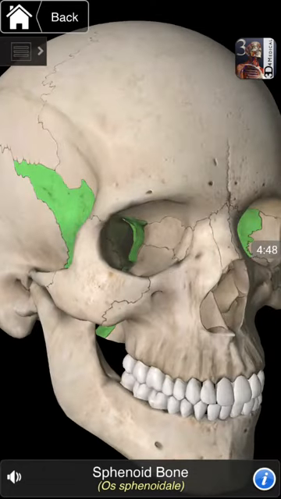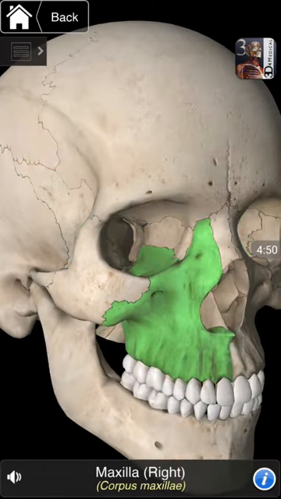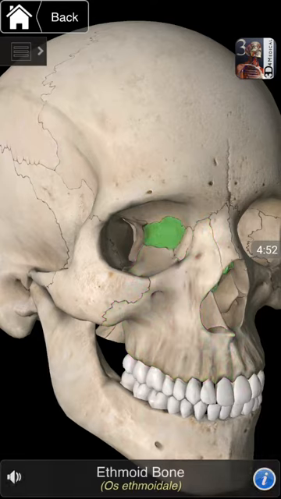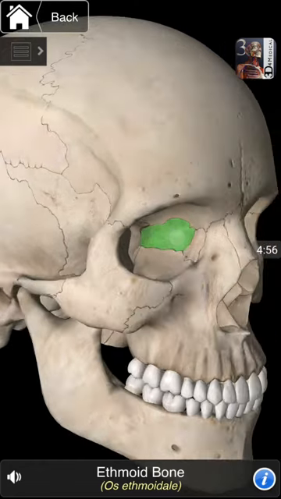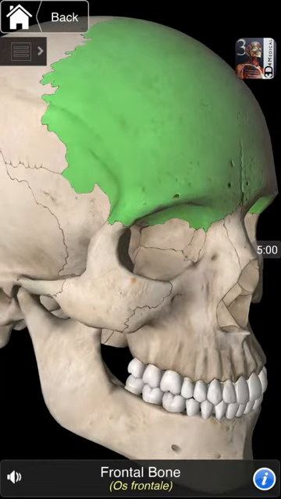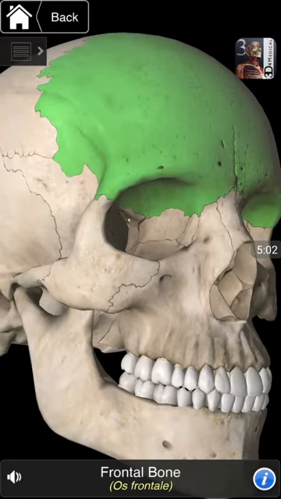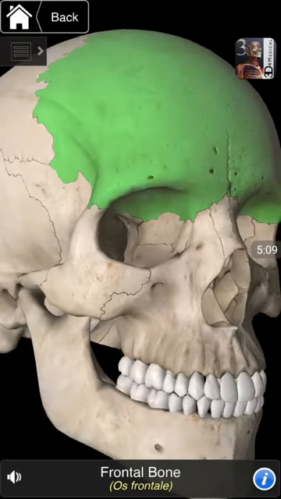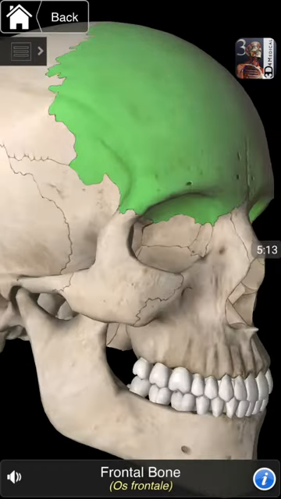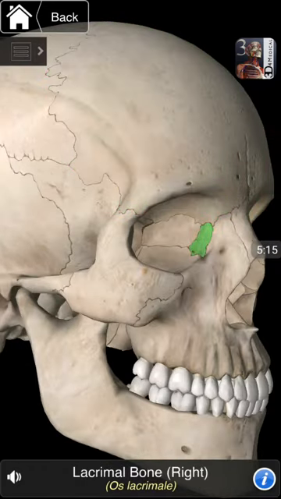Again, the medial wall of the orbit is formed by the ethmoid bone in the middle part, whereas superiorly and medially it is formed by the frontal bone. Then we have a small bone called the lacrimal bone.